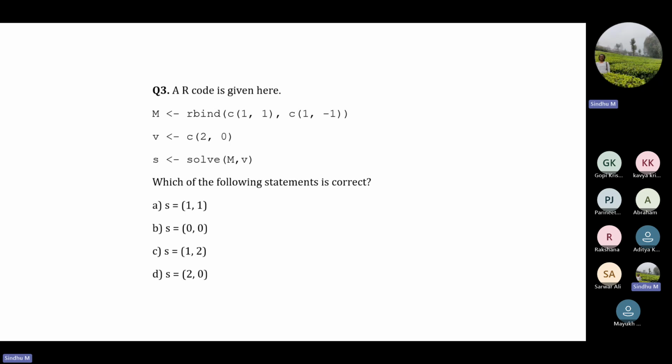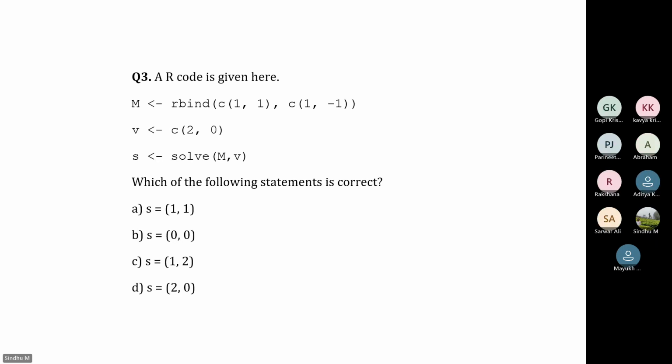The second matrix has just one column, which is 2, comma 0. So matrix M is 1, 1 and 1, minus 1, and matrix B is 2, 0.